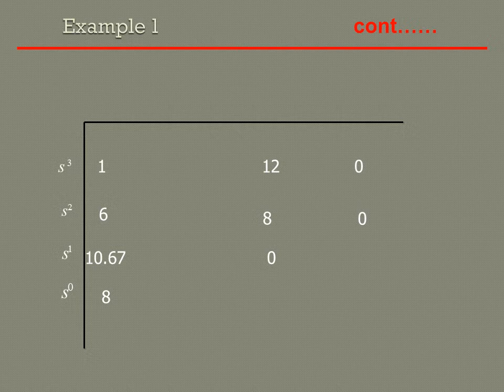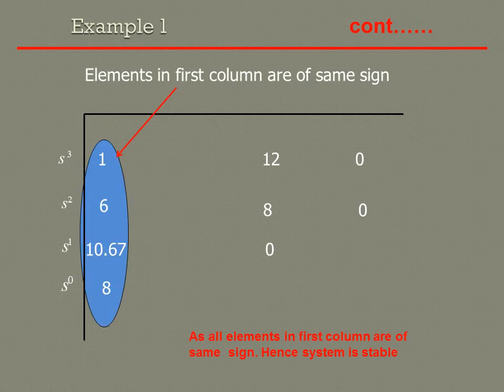Now we have formed the Routh's array by calculating the missing values, and now observe the first column from the Routh's array. Elements in the first column are having the same sign. So from the Routh's criteria we can say that this system is stable.